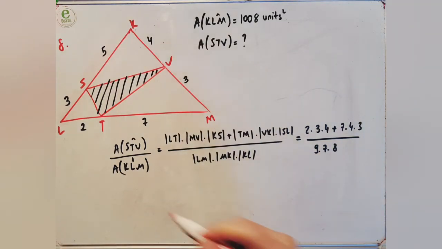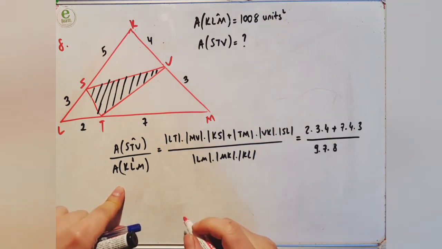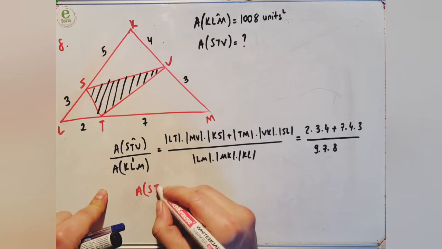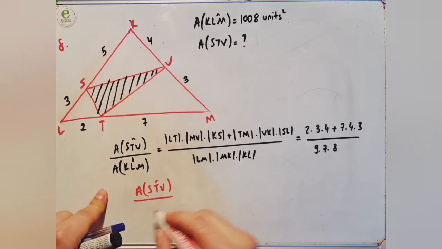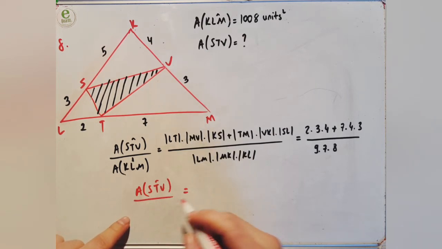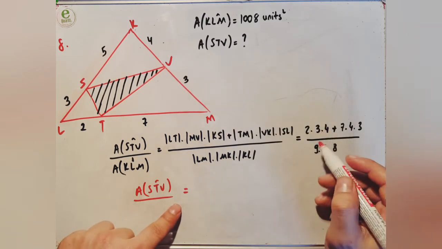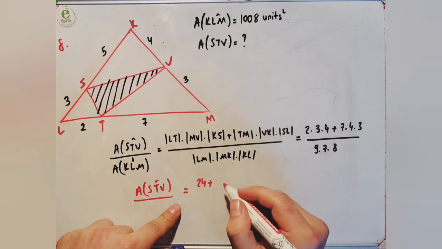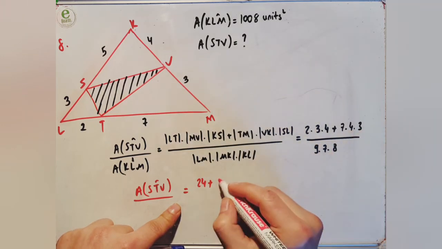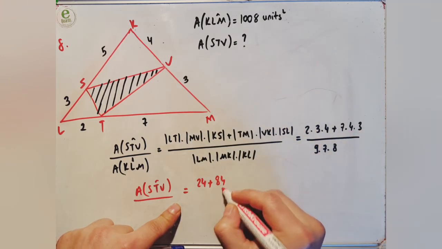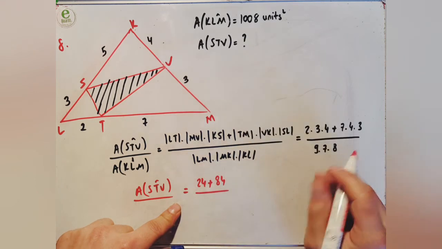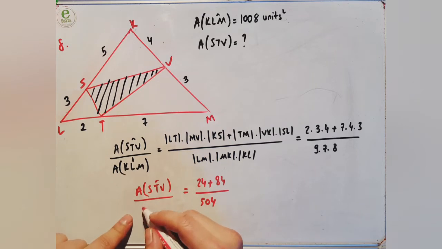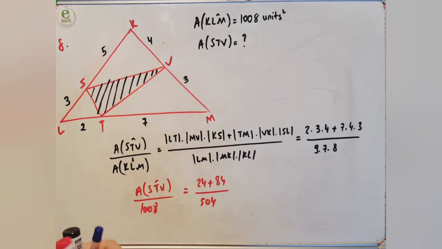And the area of triangle KLM is given as 1008 square units, so the area of triangle STV is equal to 24 plus 4 times 3, 12 times 7 is 84, over 504, and it is 1008.